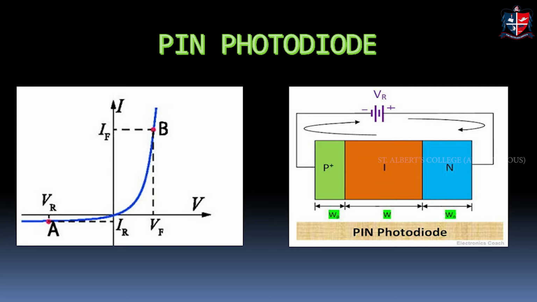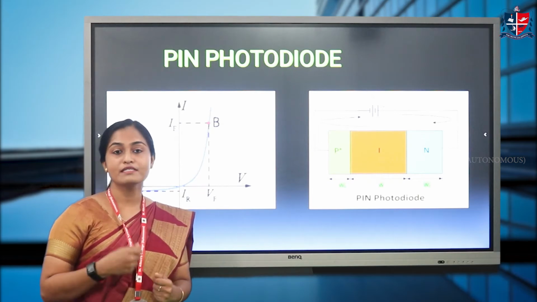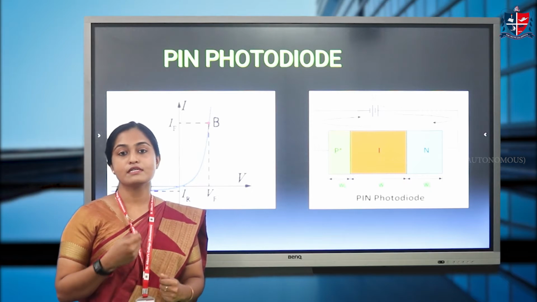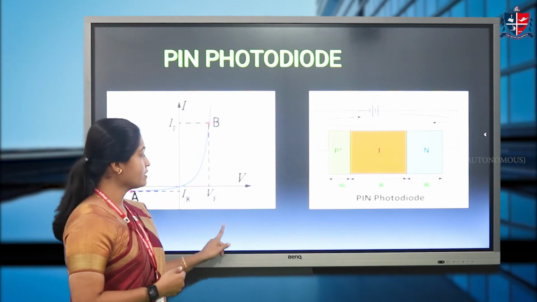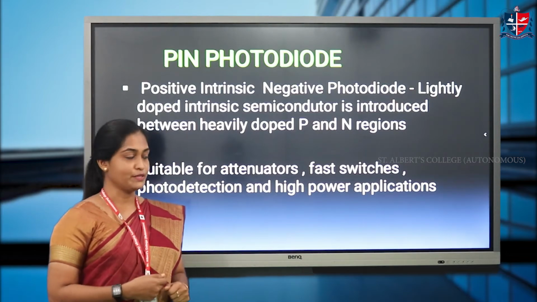So there is a large photocurrent. The large photocurrent will increase the efficiency, the sensitivity, and the speed of operation. So these are the advantages of pin photodiode over a junction photodiode.